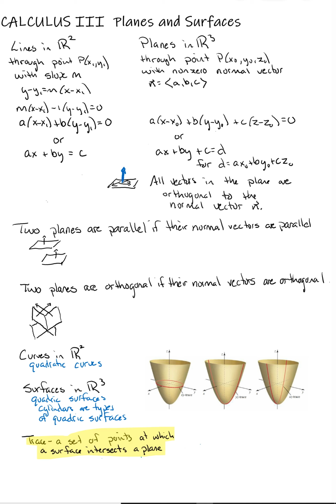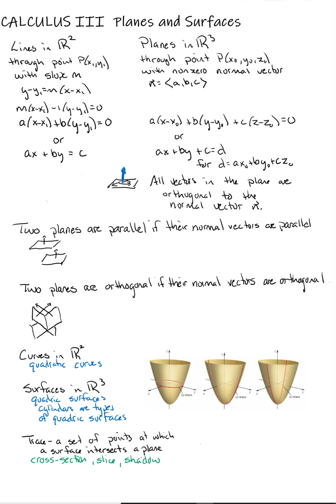Very specifically, we can look at when it intersects the xy plane or the yz plane or the xz plane. You could think of this as a cross section, or maybe a slice or a shadow. These are all concepts that connote what we're looking at with a trace.